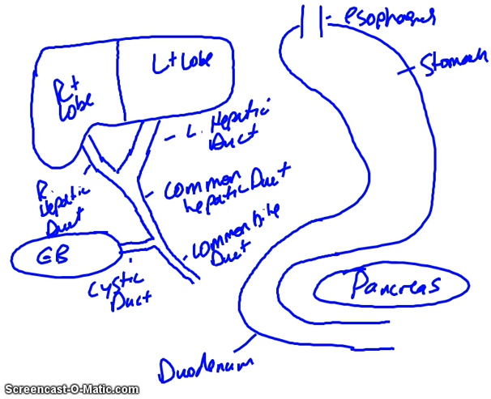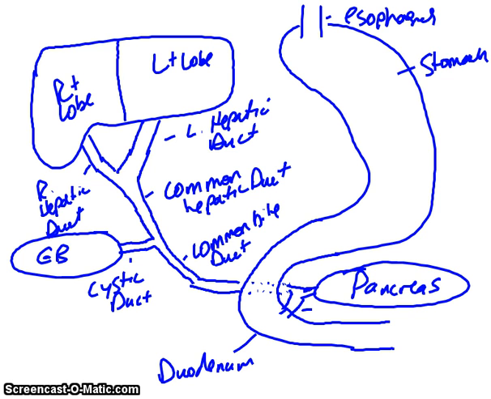Okay, so the common bile duct then travels back behind the duodenum. From the pancreas you have the pancreatic duct. Okay, so the common bile duct and the pancreatic duct then join together.